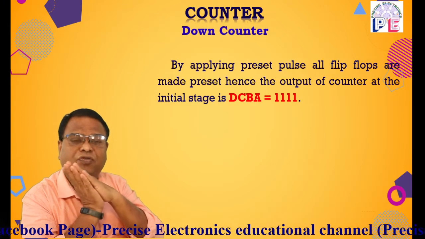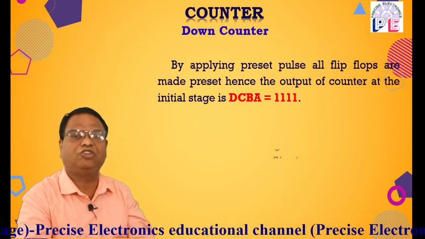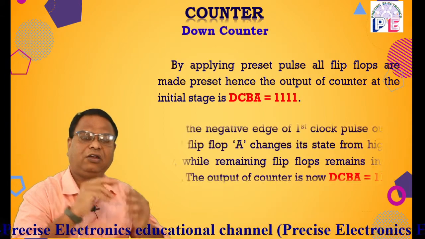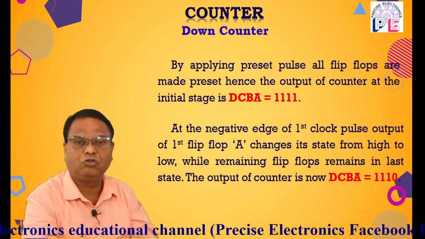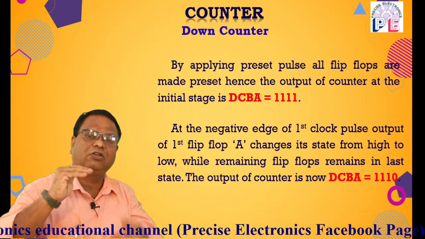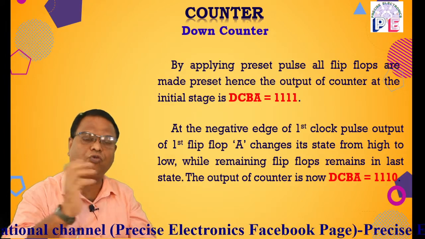At the negative edge of the first clock pulse, the first flip-flop toggles, a transition of state occurs, and the flip-flop goes into reset mode because it was already in set mode. So the output of the flip-flop goes from high to low, from 1 to 0, and A becomes 0. B, C, D remain as they are; they are not able to change their state.